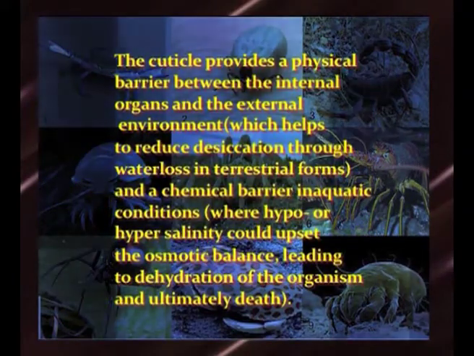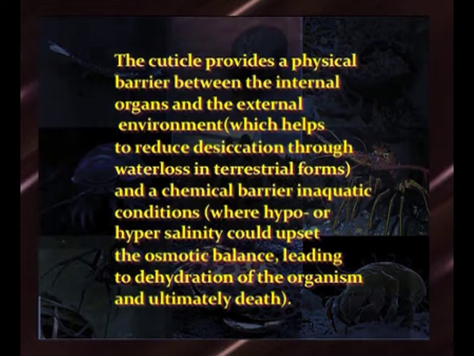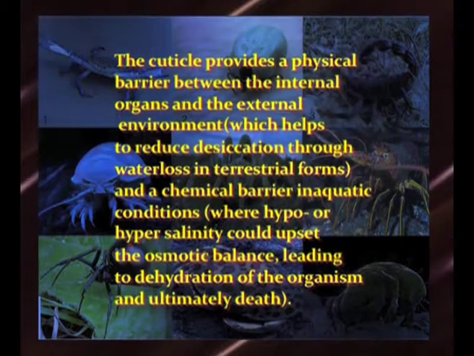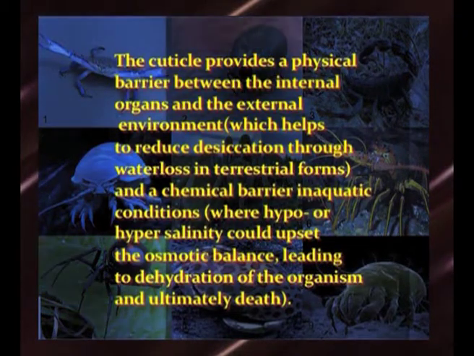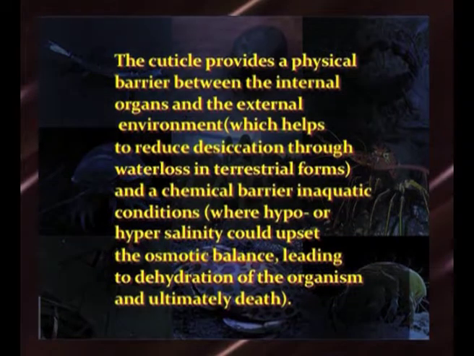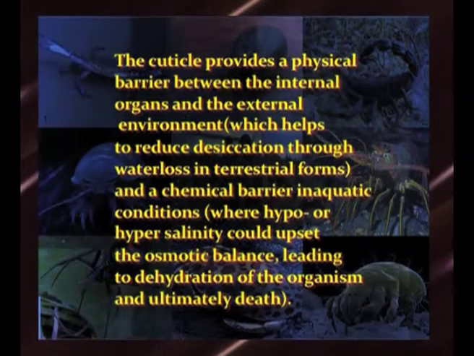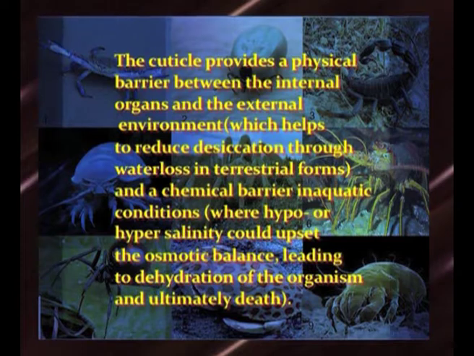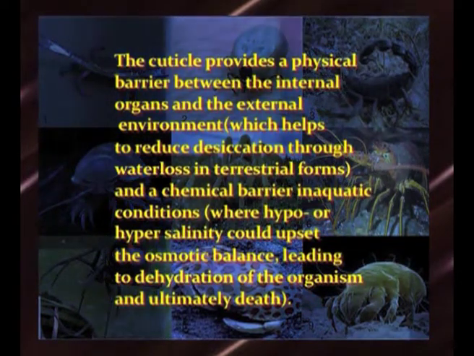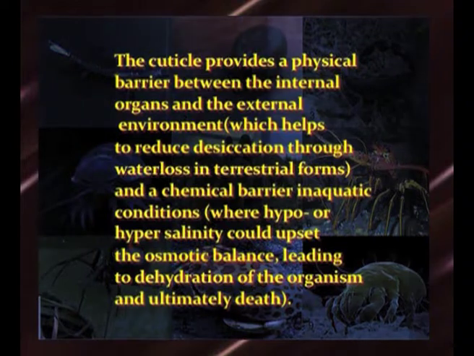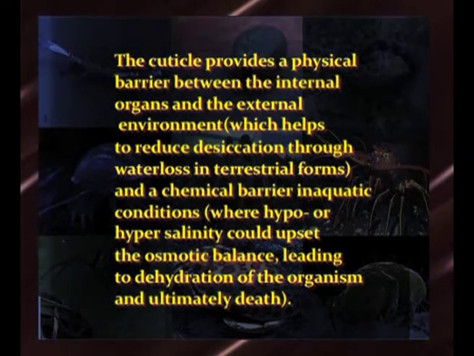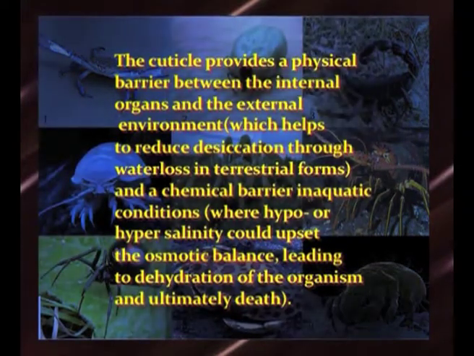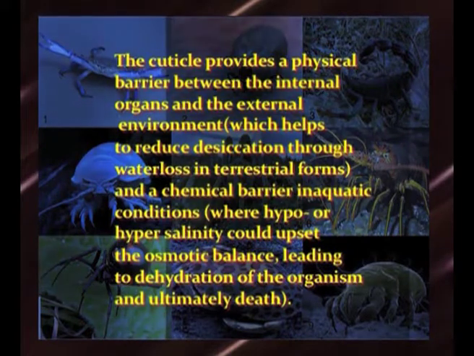The cuticle provides a physical barrier between the internal organs and the external environment, which helps to reduce desiccation through water loss in terrestrial forms, and a chemical barrier in aquatic conditions where hypo- or hypersalinity could upset the osmotic balance, leading to dehydration of the organism and ultimately death. Waxes produced by the cuticle layer help to waterproof this material.